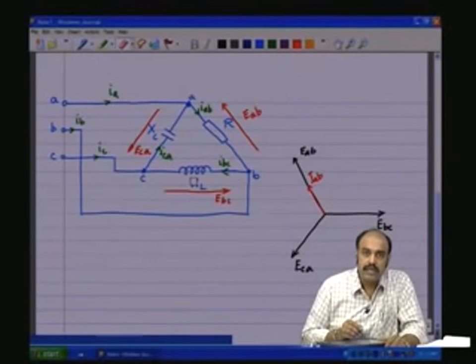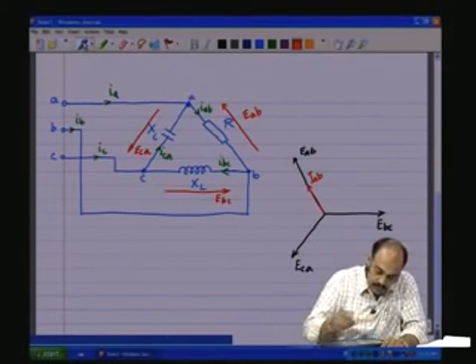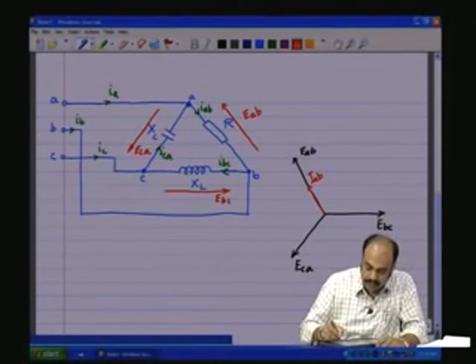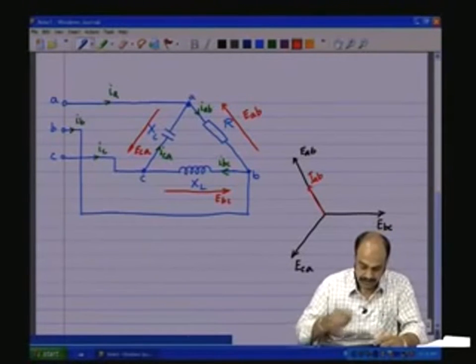So, what should be the nature of the current in terms of phase angle? The current IBC should lag the voltage across the inductor by 90 degrees, because it is a pure inductor. So, we take EBC, and with respect to EBC, the current will lag by 90 degrees.